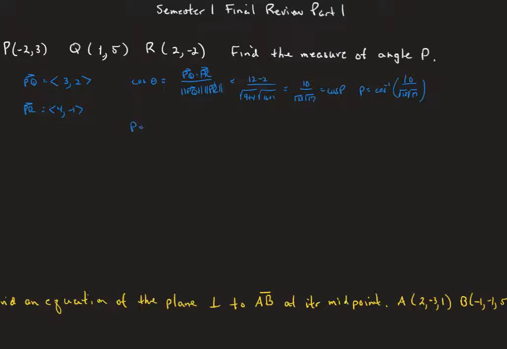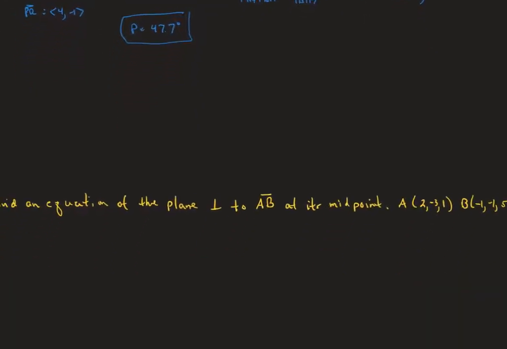So going to my calculator, I will go the inverse cosine of 10 divided by the square root of 13 times the square root of 17. And I'm getting about 47.7 degrees. Okay, let's see what else we've got here.